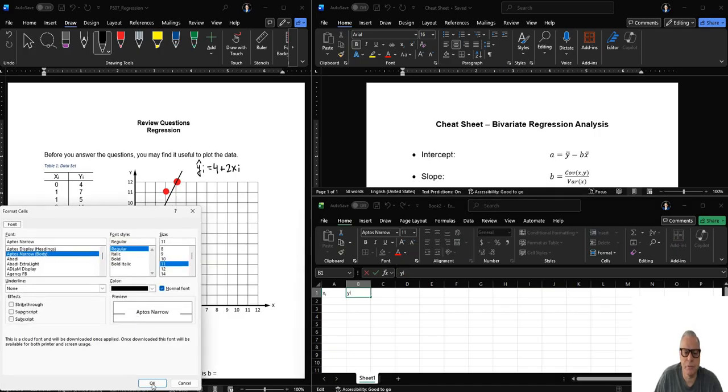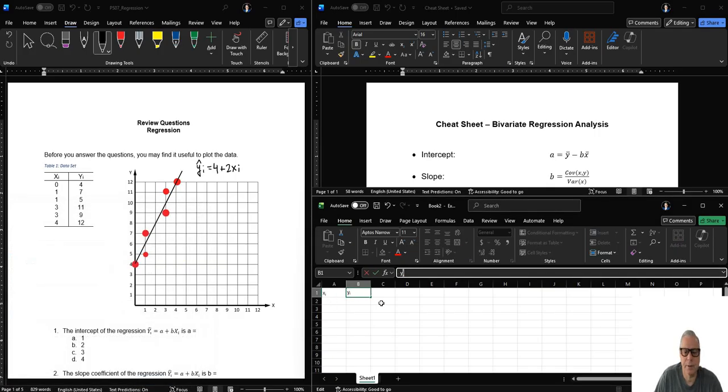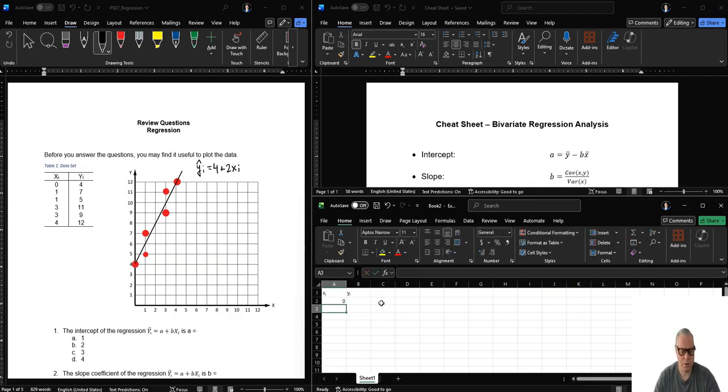So we have the x values 0, 1, 1, 3, 3, 4, and for the y's it was 4, 7, 5, 11, 9, and 12.